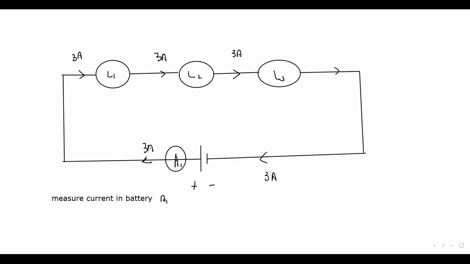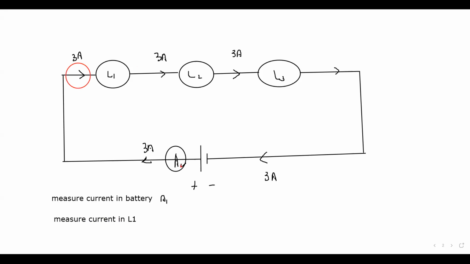If I want to measure the current in L1, where should I place it? The ammeter can be before or after, it's up to you. You can connect after or before, but it should always be in series.